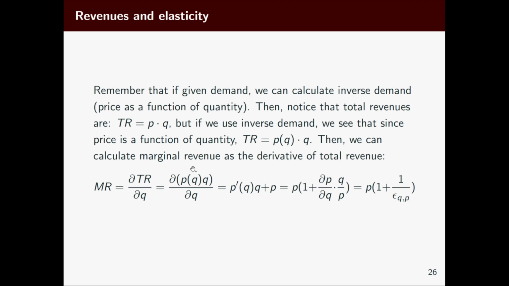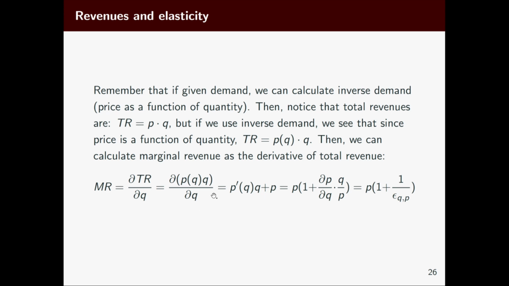Marginal revenue is by definition the derivative of total revenue with respect to Q. So if we take this new definition of total revenue and take the derivative with respect to Q, we get this function here. So the derivative of price, this inverse demand, with respect to Q times Q plus P. If you want to practice up your derivative skills, this is the answer to this.